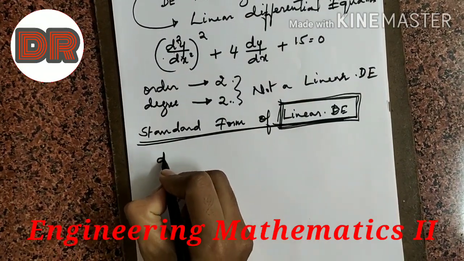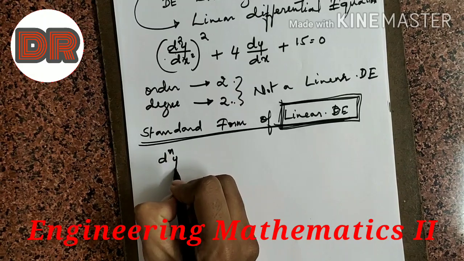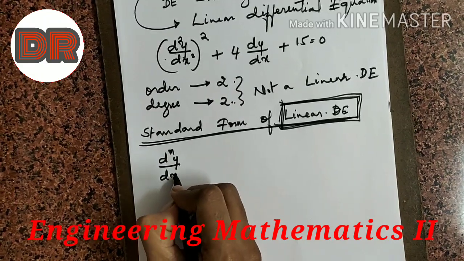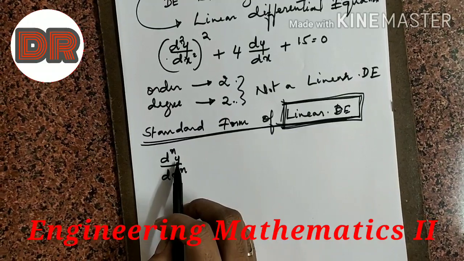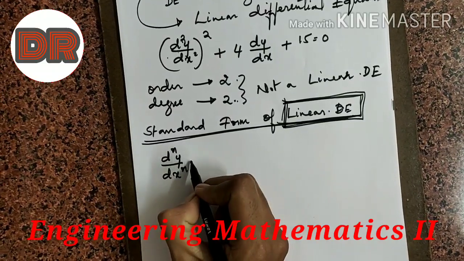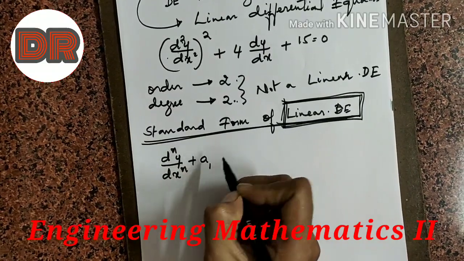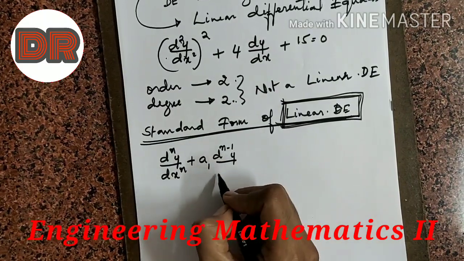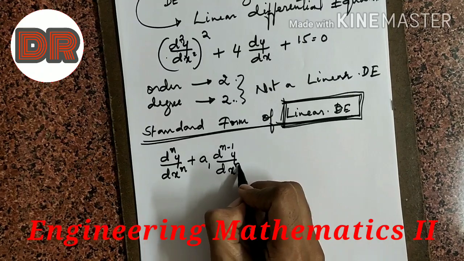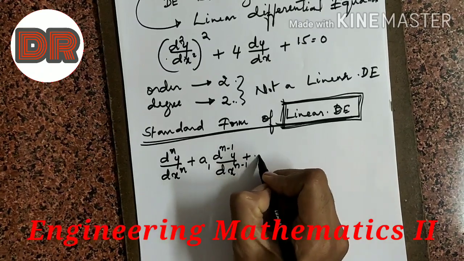The standard form is d^n y by dx^n, that is, the dependent variable differentiated n times, plus a1 d^(n-1) y by dx^(n-1), and so on.